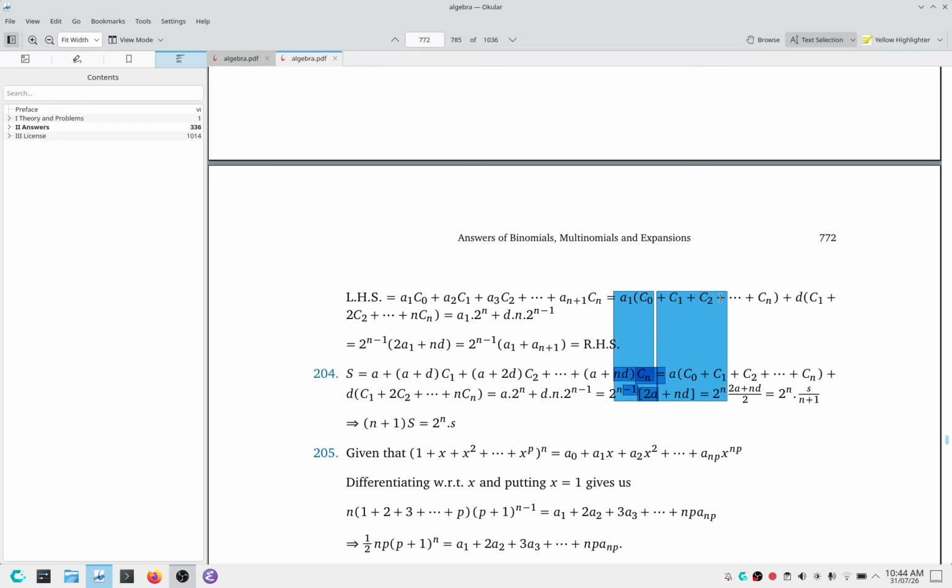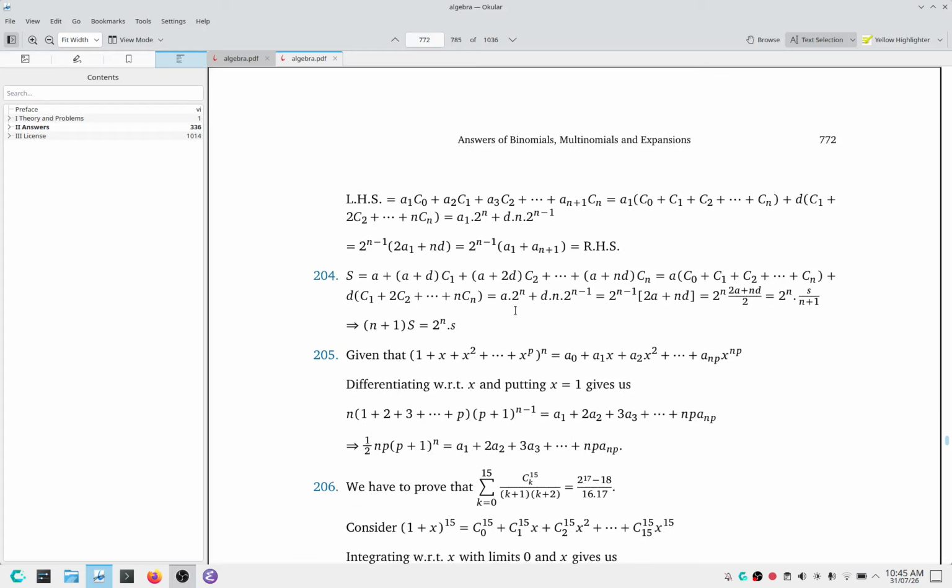So this becomes a1 times 2 to the power n, and this becomes d times n times 2 to the power n minus 1. We take out 2 to the power n minus 1, we are left with 2a1 plus nd, which is equal to a1 plus an plus 1.